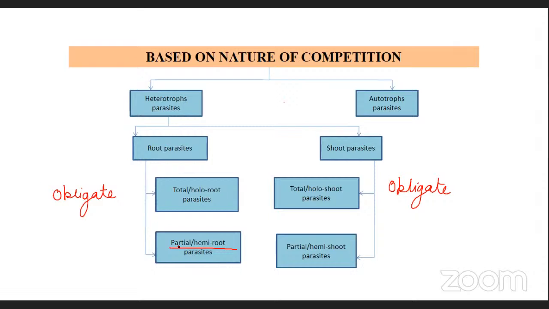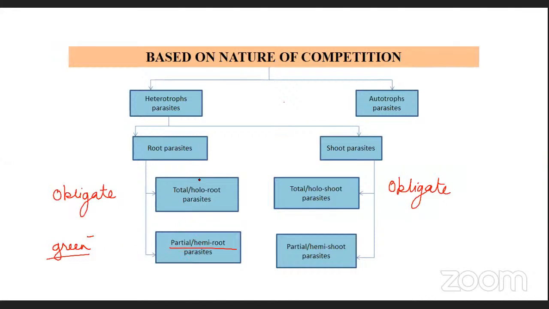But once they emerge out from the soil, they have green leaves, they are chlorophyllous in nature, and they start producing their own food. Initially they were dependent on the host root, and after that they are not, and that's why they are known as partial or hemi root parasites.